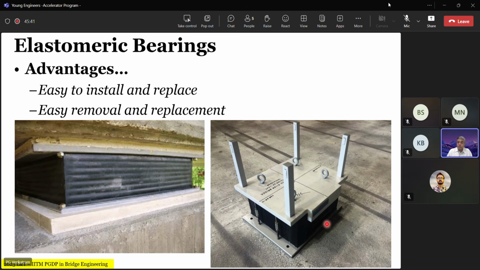This is a classic example of a guided elastomeric bearing. That means it will allow longitudinal movement, but in the transverse direction, it will not allow movement. Or you have a more classical elastomeric bearing which allows rotation and movement in all directions.